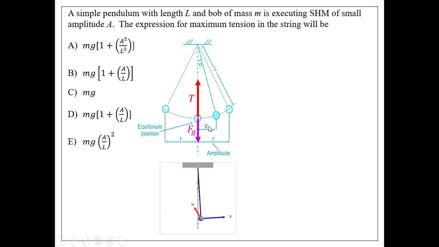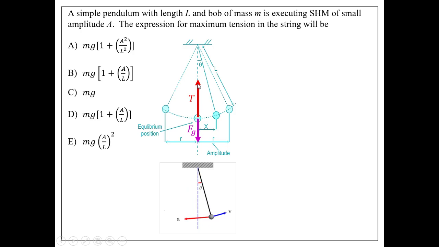However, because this particular mass is constantly moving left and right, or oscillating back and forth, the tension and F of G cannot be equal, right? This is not a stationary problem. This is not a static problem. The fact that this is oscillating left and right suggests that at the bottom, T has to be greater, okay? So you notice I drew my vectors here.